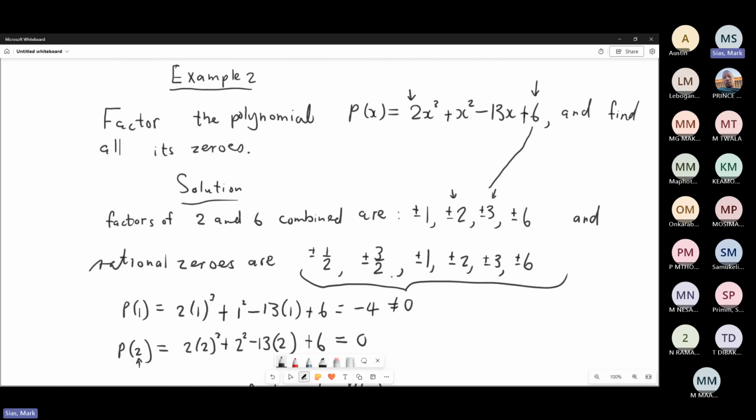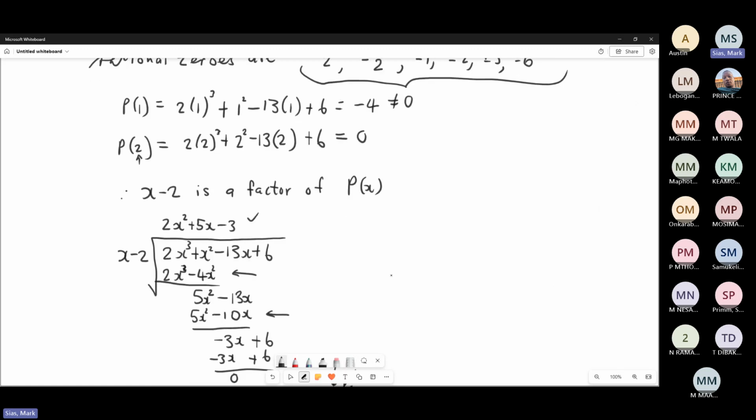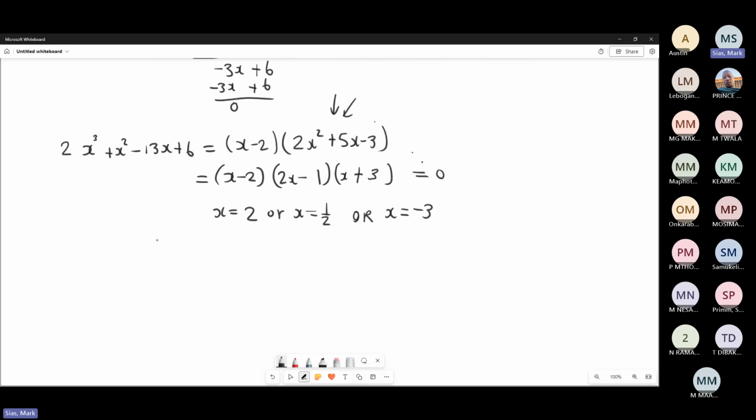So those are the zeros, okay? So we factorized it, and then the zeros of P are those ones. Therefore, the required zeros. So we use the factor theorem to give us all the possible zeros, but then the required zeros fulfill the requirement that when you substitute them in the place of x will give you P of x equal to 0.